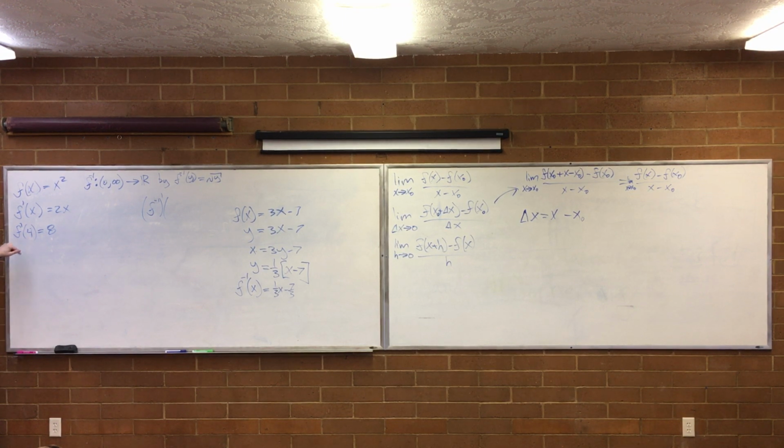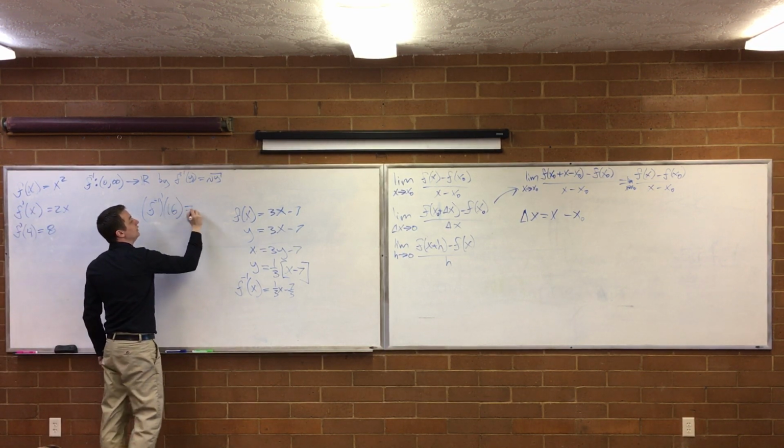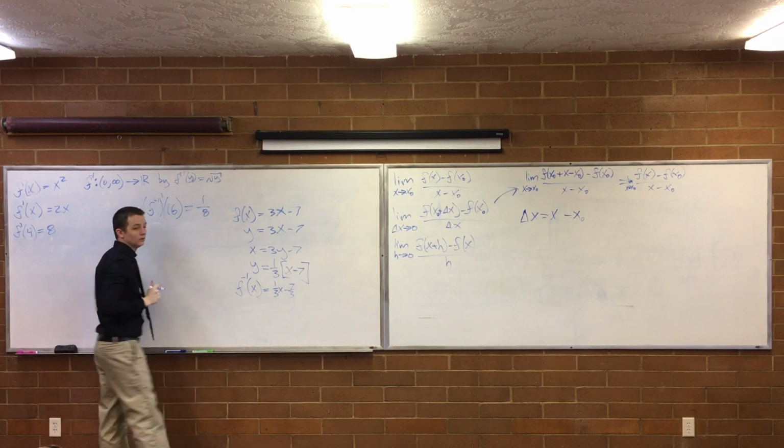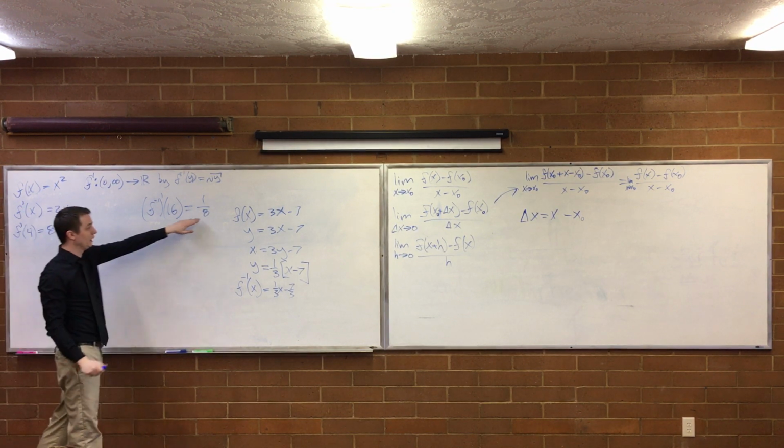Not 4, not 8. What's f of 4? It's 16. So we're guessing that f inverse prime at 16 is equal to 1/8. That's all we're guessing, from our earlier intuition. When we calculate this, we're expecting this to come out to 1/8.